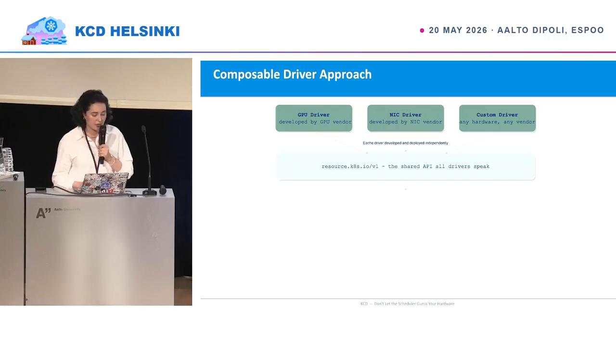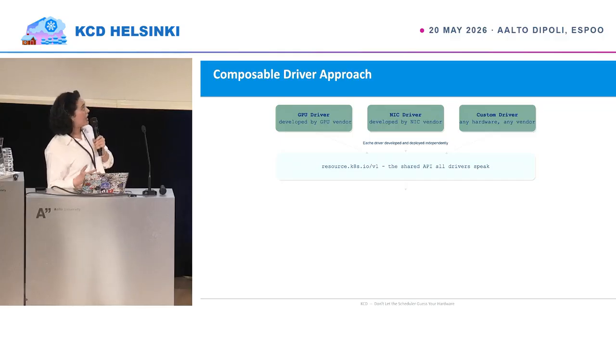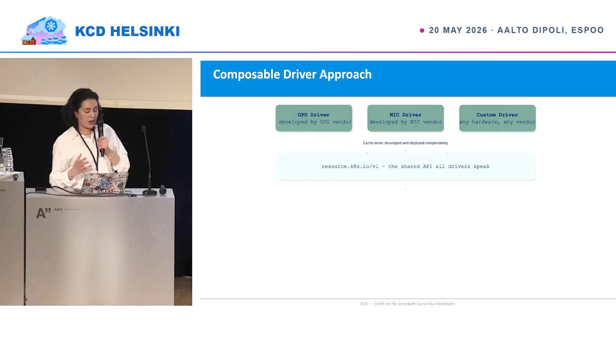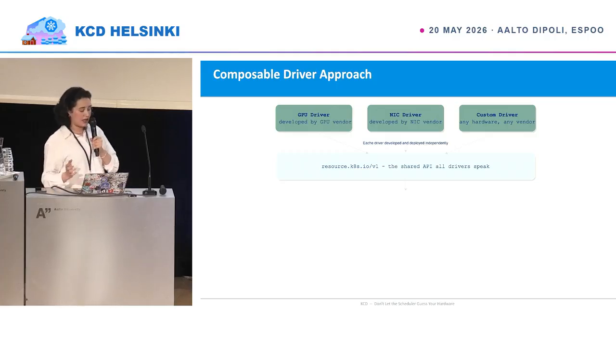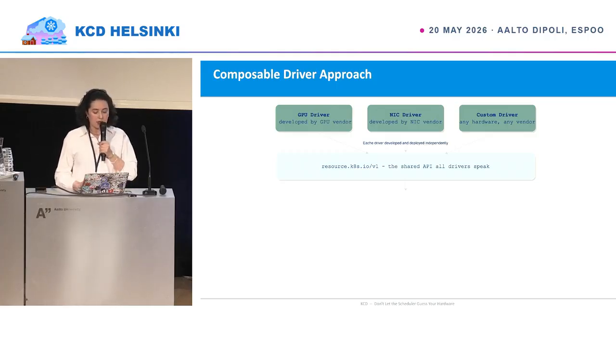For example, the GPU driver developed by a GPU vendor, the NIC driver by a NIC vendor, and any other custom driver that you can write. They don't need to know about the existence of each other. They don't talk to each other directly.